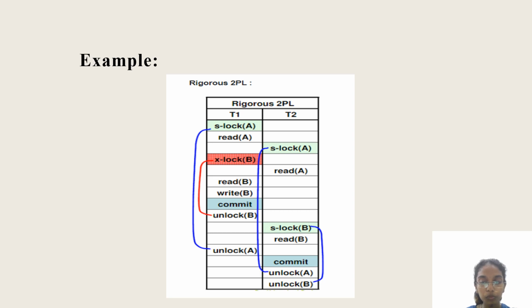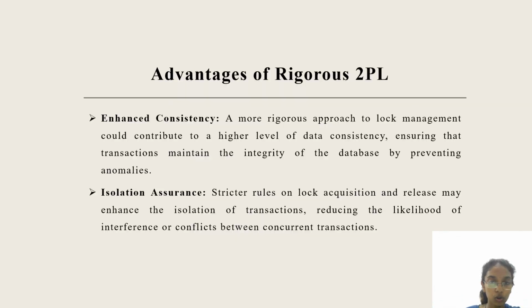Rigorous 2PL is a more restrictive form of 2PL that requires all locks to be held until the transaction commits or aborts. This makes it more difficult to implement, but it also provides stronger guarantees about concurrency and consistency. Let's look at some advantages and disadvantages. Advantages: enhanced consistency. A more rigorous approach to lock management could contribute to a higher level of data consistency, ensuring that transactions maintain the integrity of the database by preventing anomalies.